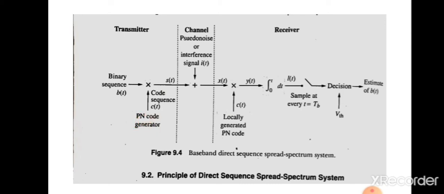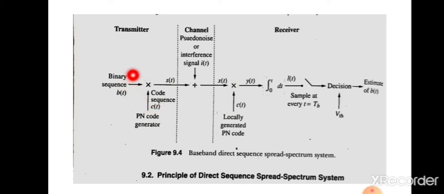In this case, both the binary sequence B of t and the PN sequence are represented in the polar, that is bipolar non-return to zero format. That means for the two bit values, 1 and 0, for 1 a positive pulse is used and for 0 a negative pulse is used. That is, 1 is represented by positive voltage and 0 by negative voltage.